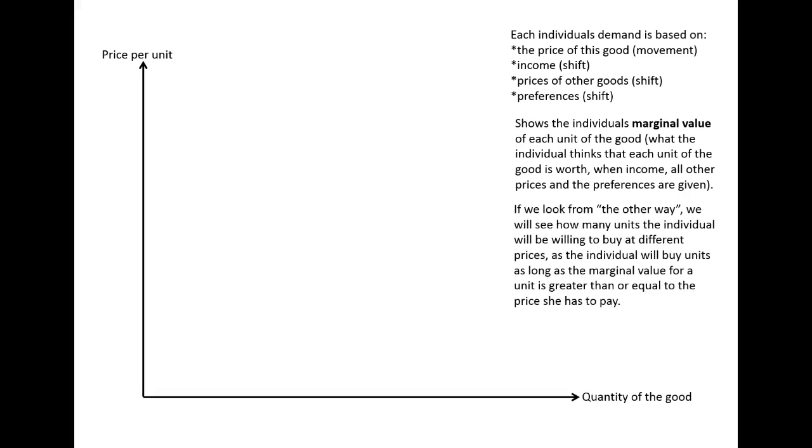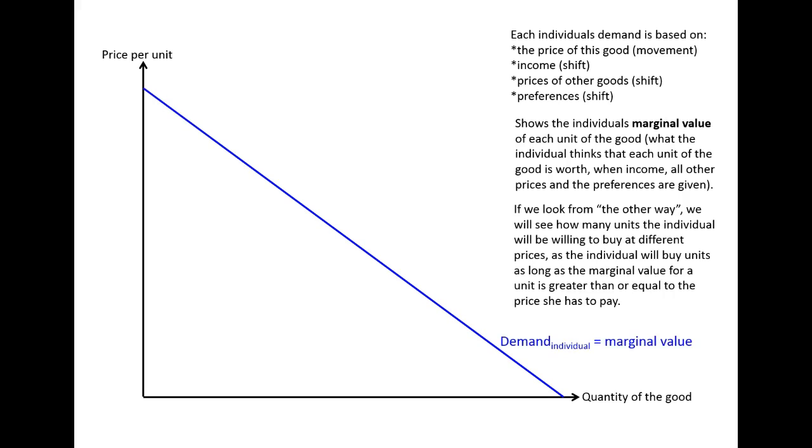If we look from the other way around, so to speak, we will see how many units the individual will be willing to buy at different prices, since the individual will be buying units as long as the marginal value for each unit is greater than or equal to the price she has to pay.